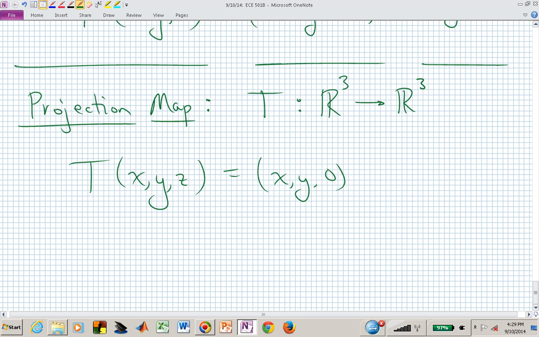I'm going to go from R3 to R3. Thank you. So the question was, you're inconsistent with your example, and you're correct in your question. We stay in R3, but now we've just zeroed out the height coordinate. Now, is this a linear map?